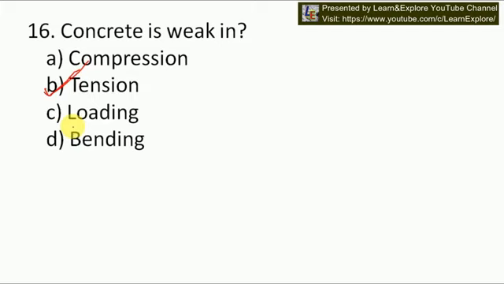It is always used as reinforced concrete, a composite material, a mixture of sand, aggregate, cement, and water, whereas structures are highly vulnerable to tensile cracking. So this is why concrete is very weak in tension. Okay friends, so our answer is B.